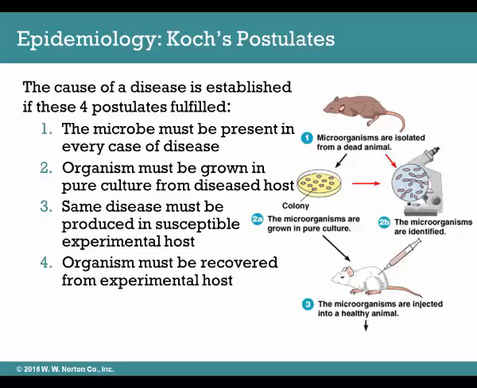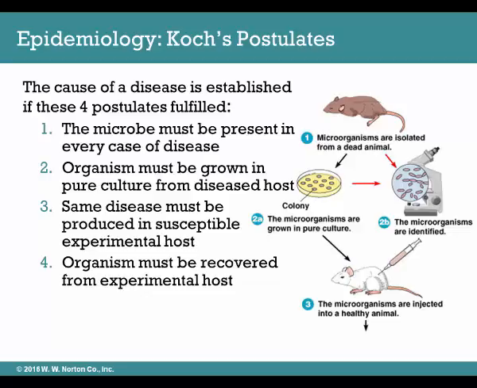The way that microbiologists help epidemiologists to understand at least the agent, the causative factor of that disease, is by using Koch's postulates. Koch was a scientist and physician that was interested in anthrax, which is a bacterial infection in animals, and can also infect humans and cause death.